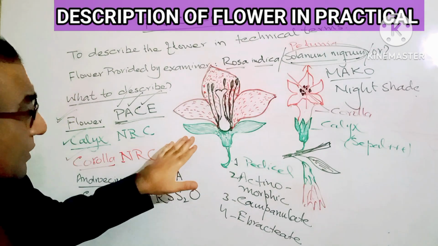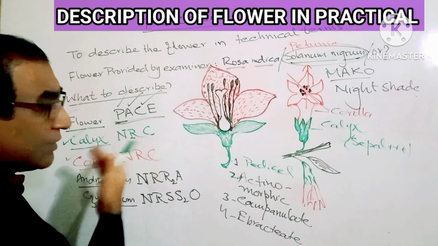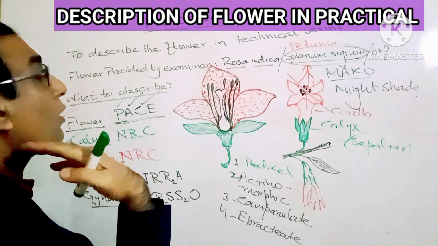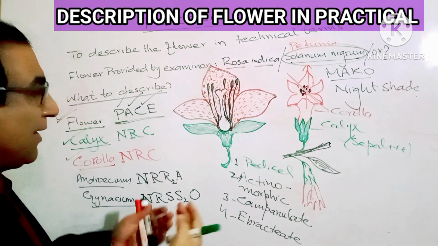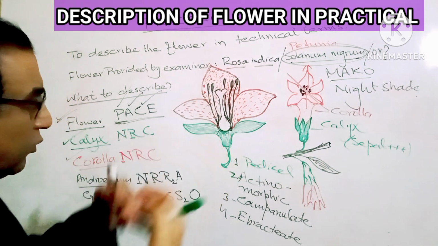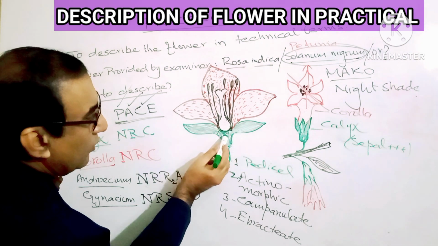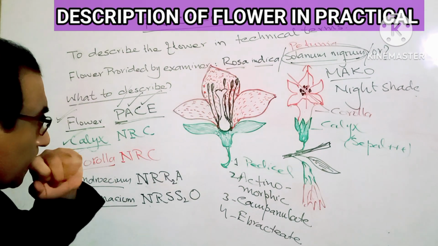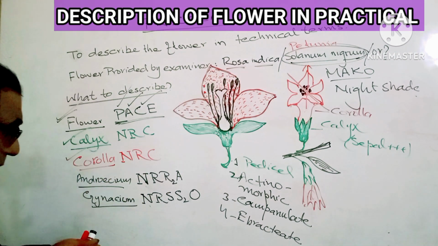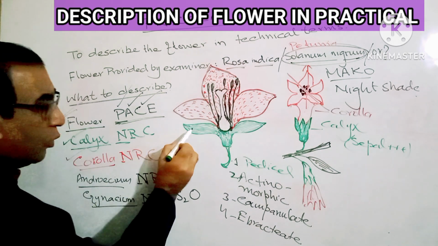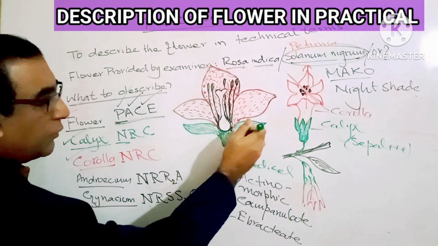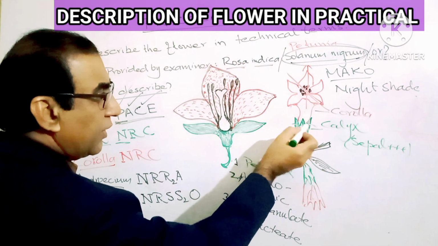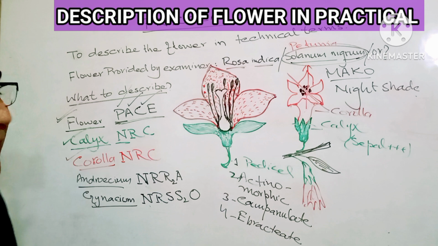Here you see this is one on this side, this is on the other side, and two are present on the other side of the whiteboard, and here was the one that has been cut through during the longitudinal section. Now let's count the number: 1, 2, 3, 4, and 5. So it has 5 sepals.